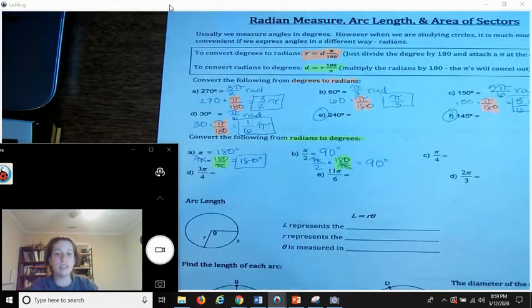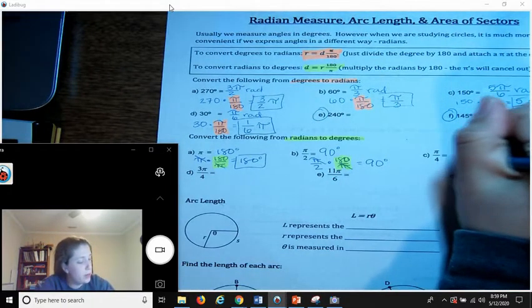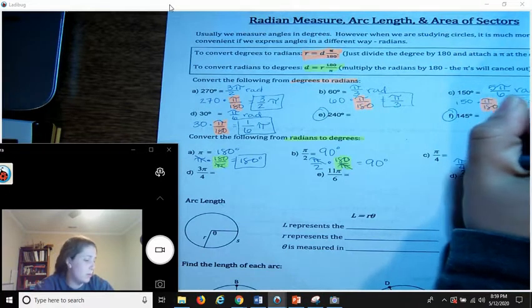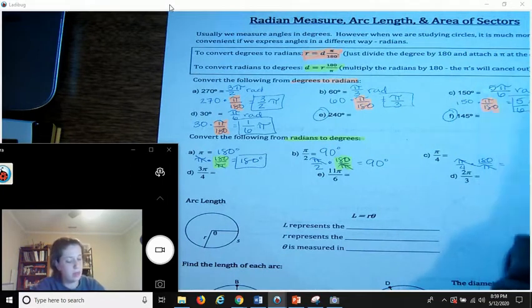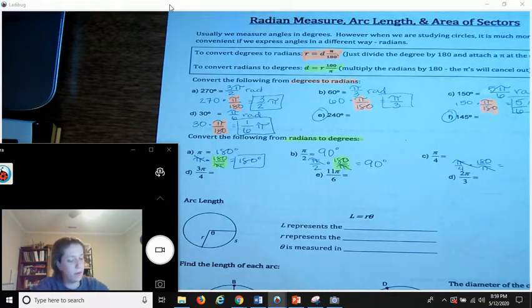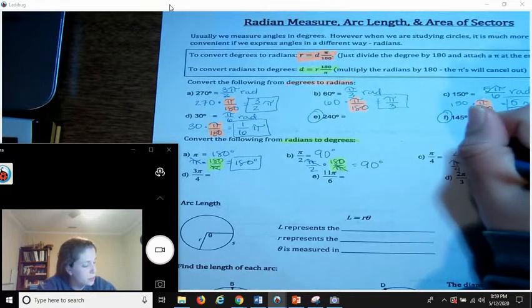That's what's different about each of these formulas. We're multiplying by pi over 180 in the orange, 180 over pi in the second. Now we have pi over 4, multiplied by 180 over pi. Pi's cancel conveniently, and then 180 divided by 4 is 45. So I should have 45 degrees right here.